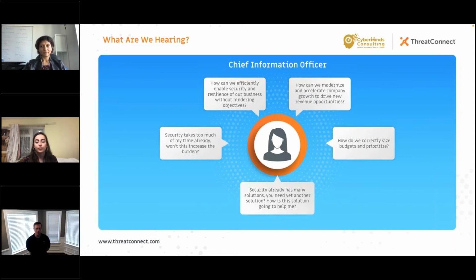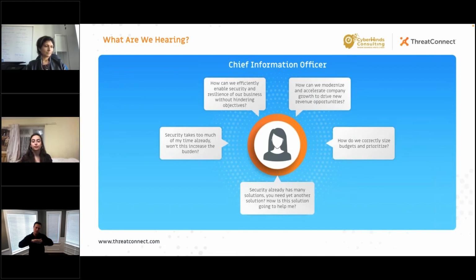So if you talk about efficiency and security without hindering business objectives, one of the things I hear from CIOs is how much do I need to apply to security in the first place, right? Because the challenge they're trying to address is, look, let's be honest, we all need IT. Even the security people need IT. You ask a security person to do their job without Google, without searching, it can't be done. We all need IT. So IT is a key driver or enabler for the business.